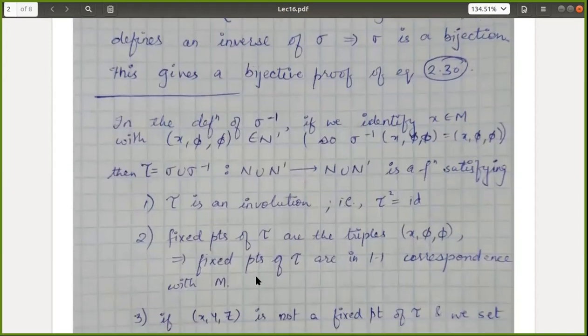So in effect, what you know is that elements of n union n prime go to each other. Elements of m go to elements of m. And so that what tells you further is that fixed points of this tau are in one-to-one correspondence with m, which means the number of fixed points of tau is exactly the cardinality of the set m, right?